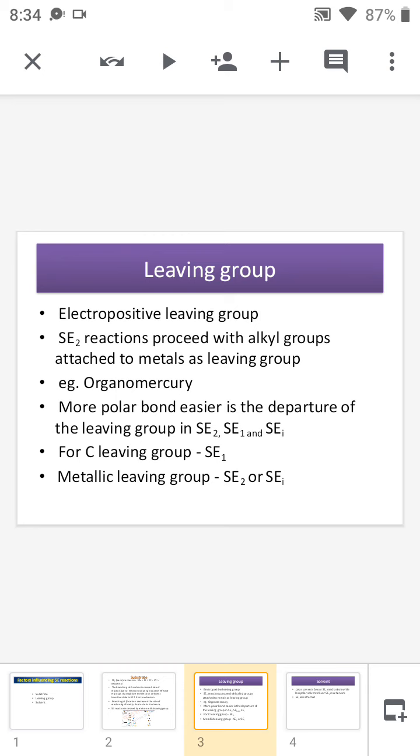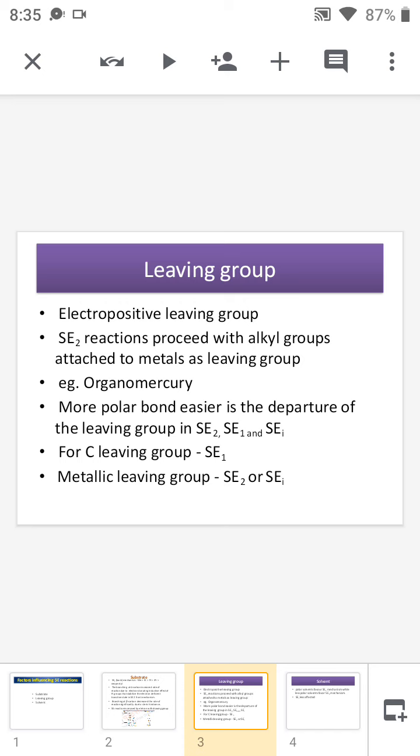So leaving group will influence both the SE1 and SE2 reaction. Most probably the leaving group must be an electropositive leaving group, since the reaction is started by an electrophile in SE reactions.